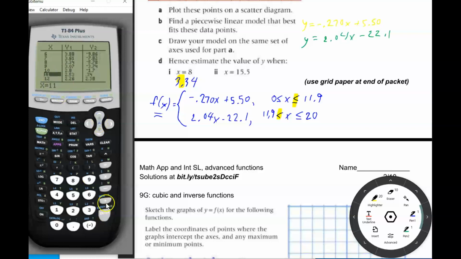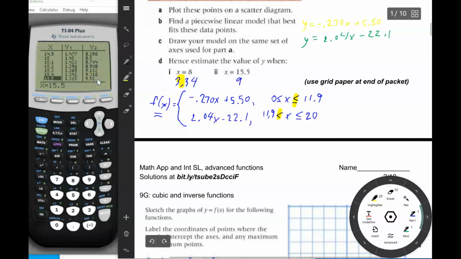So the way I can get 11.9 here is I could do plus 0.1, and that'll jump by 0.1s instead. And then I could go to exactly 11.9. Oh, I don't want 11.9, I want 15.5. And if I go to 15.5, then the green value is 9.52.